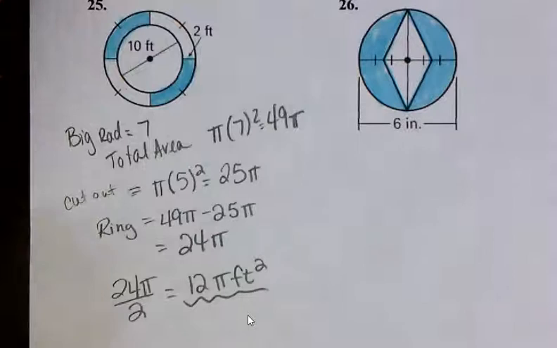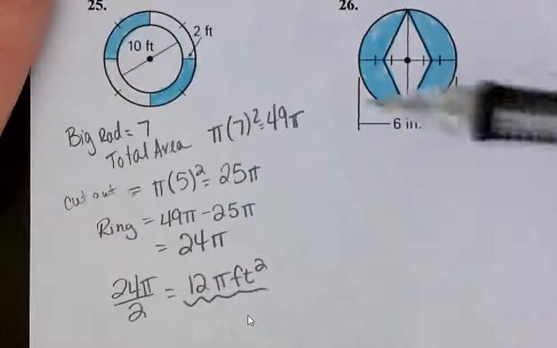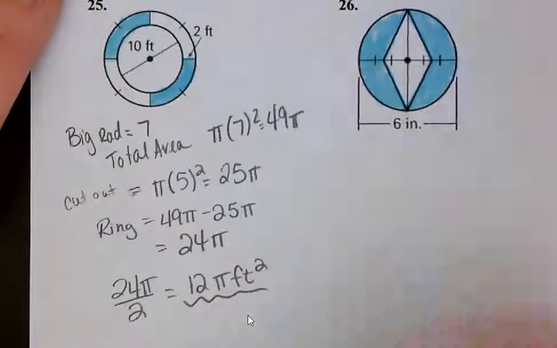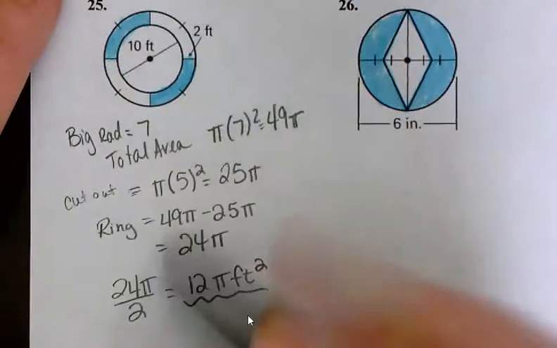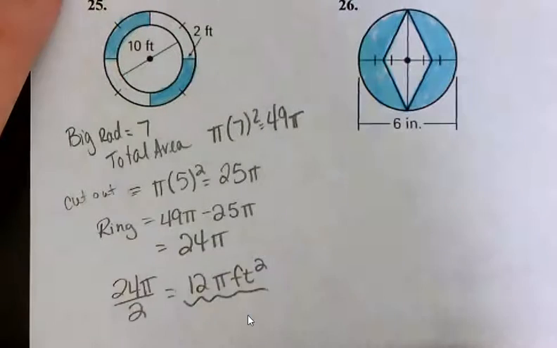Now, to find the probability of hitting that, I'm going to take the total of 49 pi. So what's the probability? 12 pi divided by 49 pi, which equals 12 divided by 49, which equals a percentage.